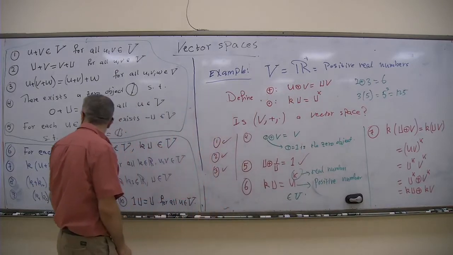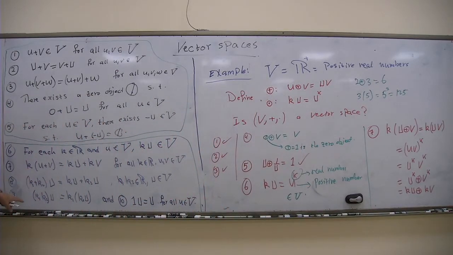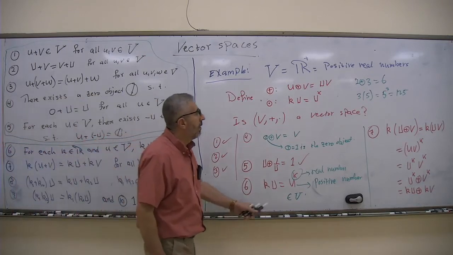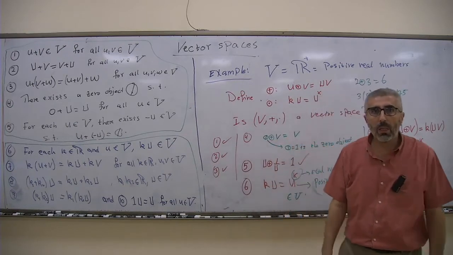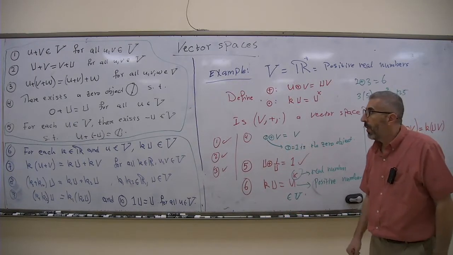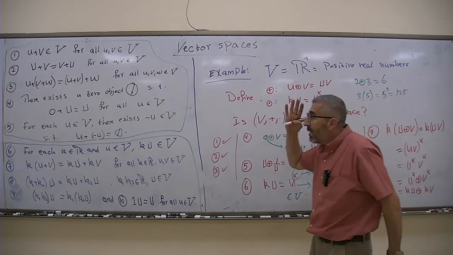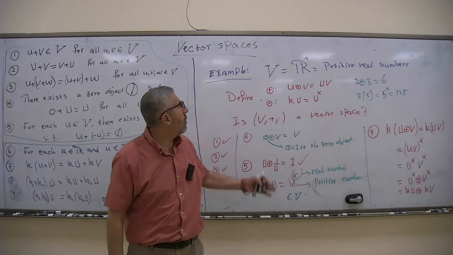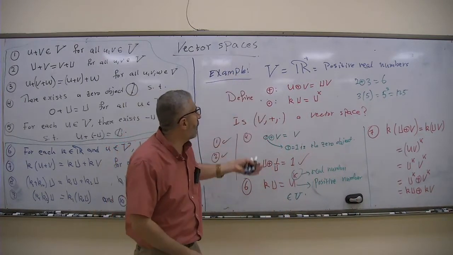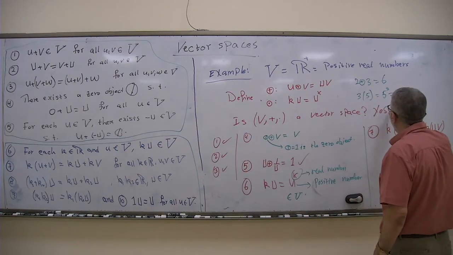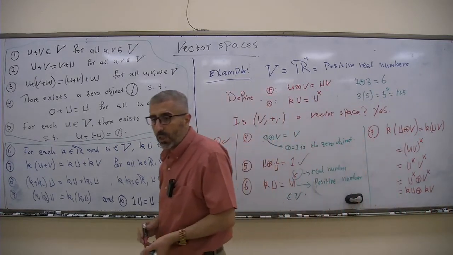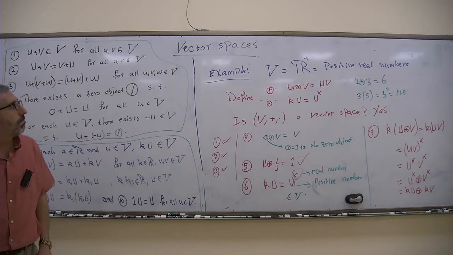Numbers 8, 9, and 10 I'll leave for you. If you understand number 7, numbers 8, 9, and 10 should be easy for you to check. So all the 10 conditions are satisfied, and this is indeed a vector space. You can check the 10 conditions one by one.